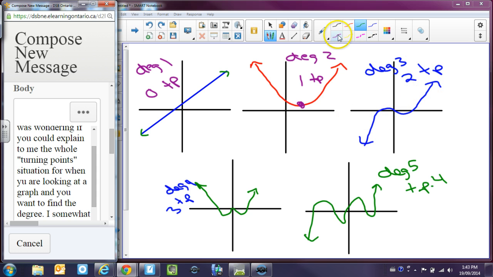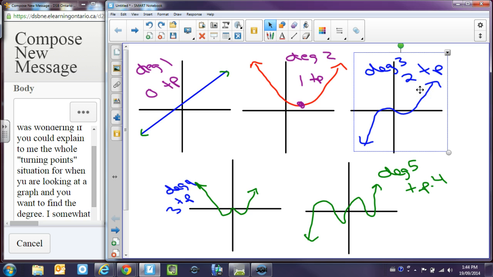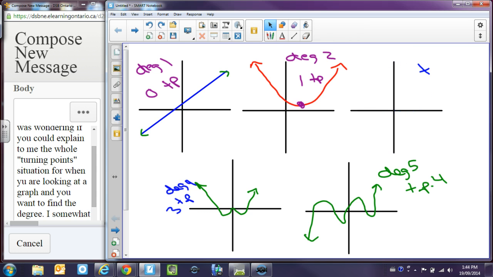The problem with that, and one of the reasons I don't like to use those ideas, is if we look at some examples, and this is going to be y equals x cubed.